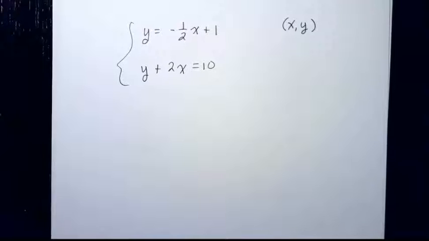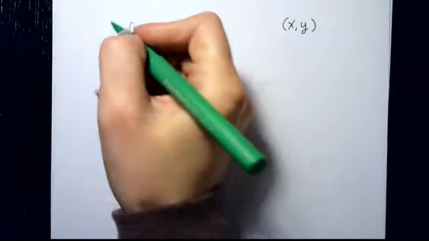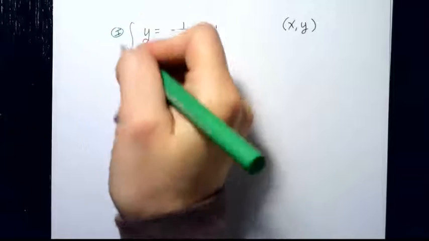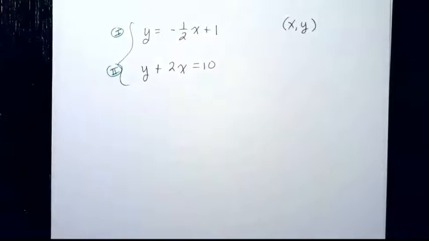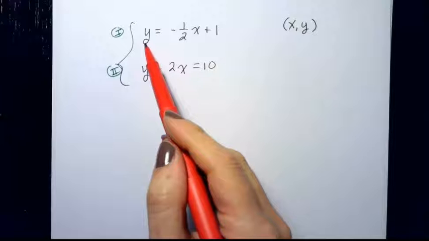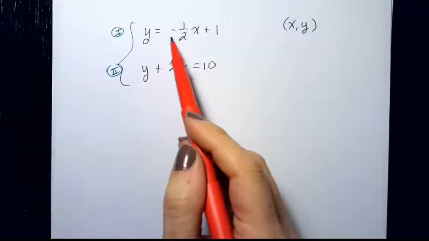So we're going to use that fact, and we're going to take our two equations and really put them together and solve one equation. Again, I always like to label my equations. It just helps me to keep track of everything. So here's my first one, here's my second one. Now you might notice that in this first equation, the y has already been solved for. So even though I don't know what y is precisely, I know what y is in terms of x.